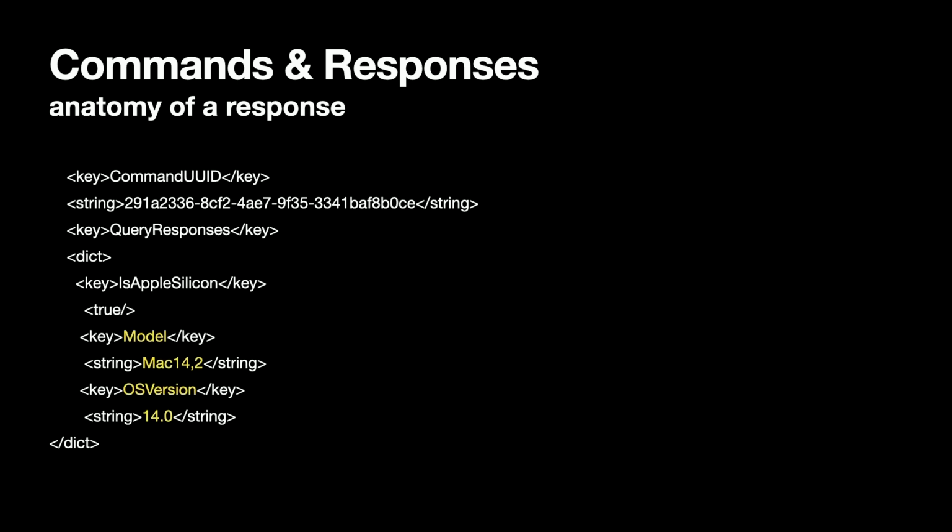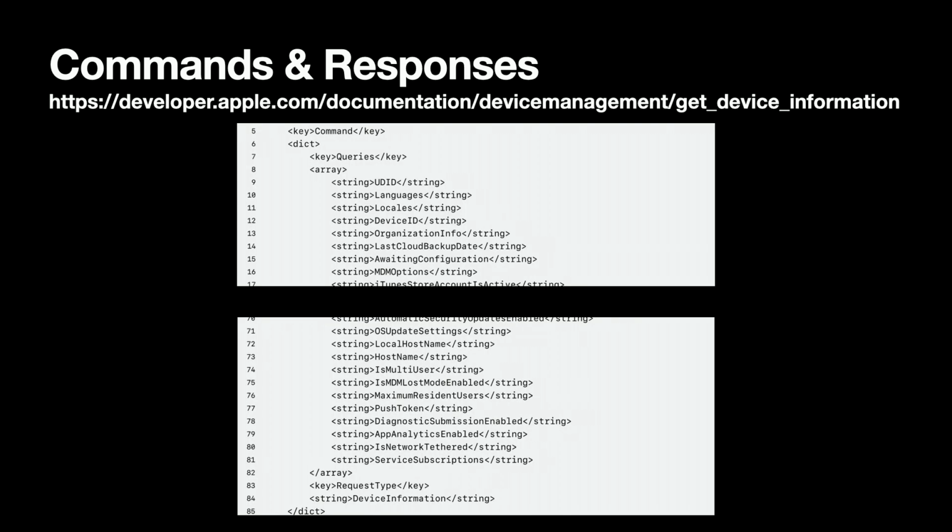And for example, with the device information command, it gives you all kinds of stuff, right? This is a very short, truncated list, but you can get like the model ID, the OS version. It'll tell you whether it's Apple Silicon, which is really useful, and all sorts of other stuff. In fact, Apple documents all of those responses on their developer site.